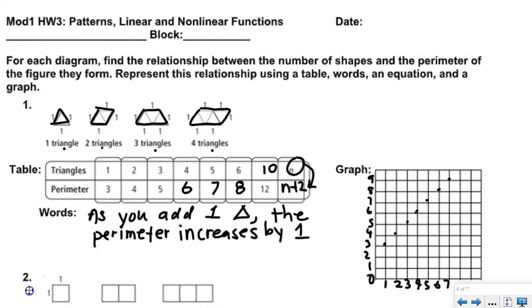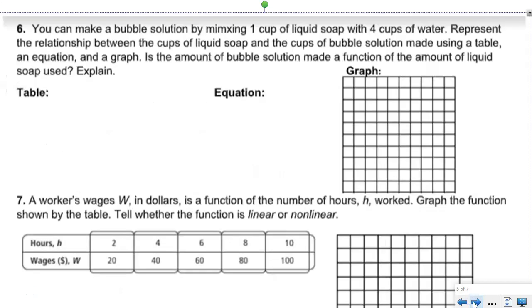So we didn't get all the way up to 10, but what I can see is that I have a nice linear pattern here. Next, let's take a look at problem number 6 and 7.